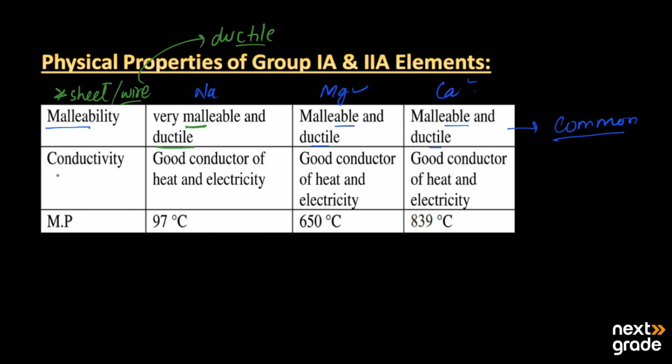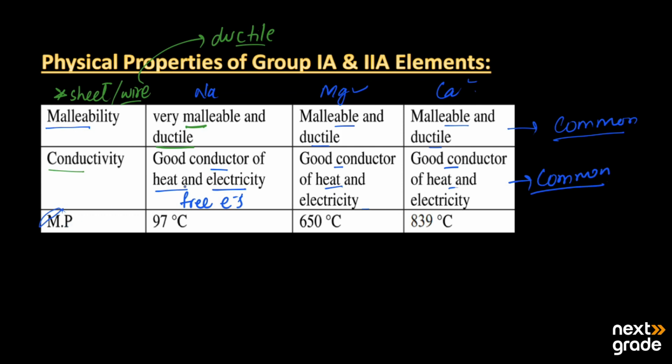Then we have their conductivity. Sodium is a good conductor of heat and electricity because it has free electrons. Again, magnesium and calcium are also good conductors of heat and electricity. So this property is also common to all alkali and alkaline earth metals. After this, we have their melting point.